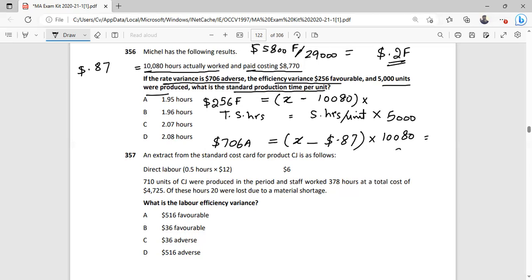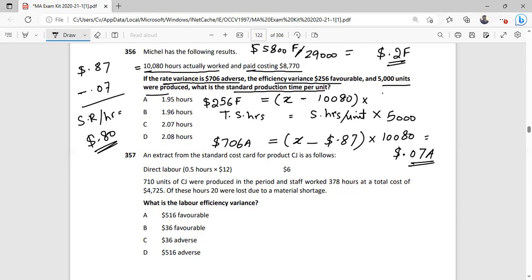You have an adverse of 0.07 per hour. 0.07 adverse means your budgeted rate per hour was lower by 0.07 in comparison with actual rate. So you will deduct 0.07 from here and your standard rate per hour is 0.80.